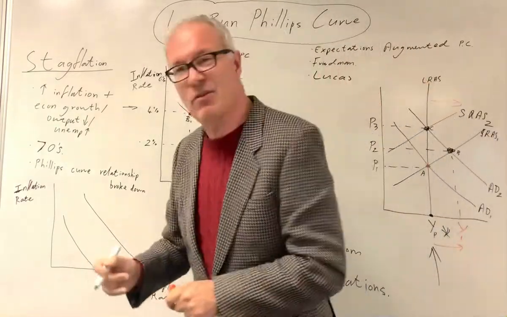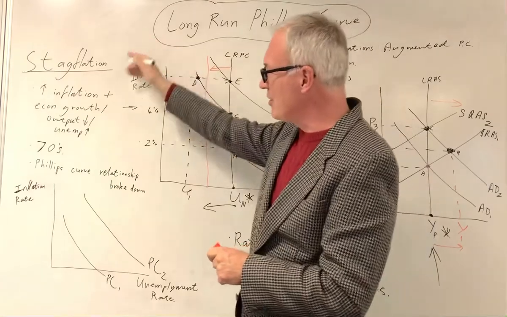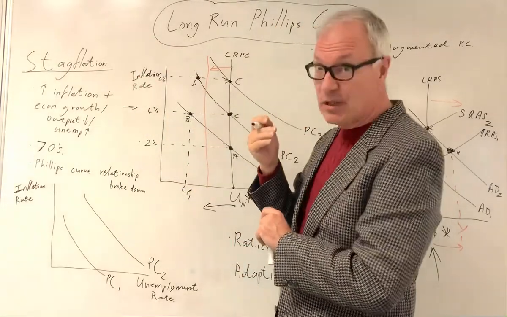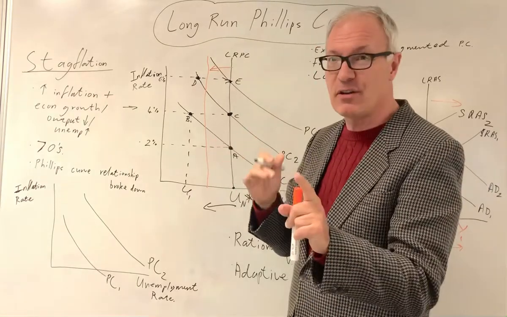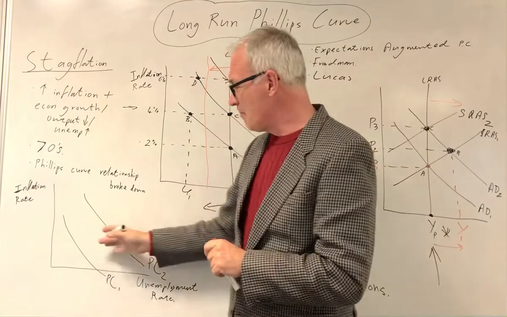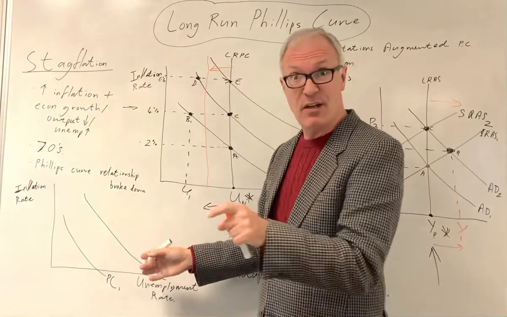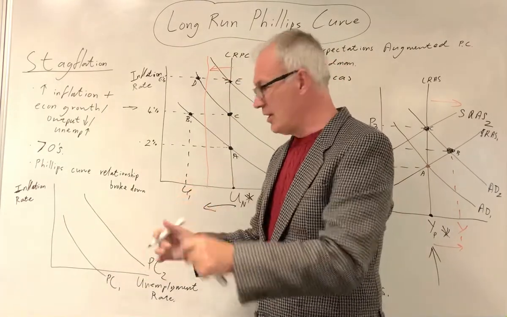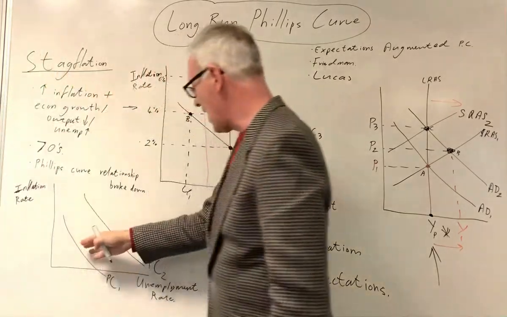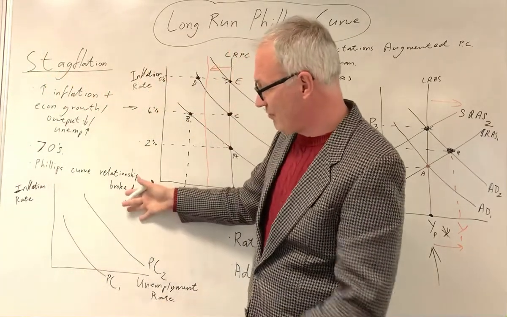However, let's go back to stagflation and the story, because some good Keynesian economists argue this is dubious. There is still, if you look at the data, a trade-off. It's just that the trade-off has shifted to the right, so we now have a Phillips curve that's shifted to the right.